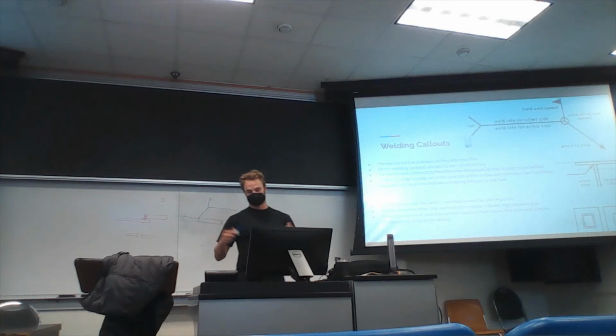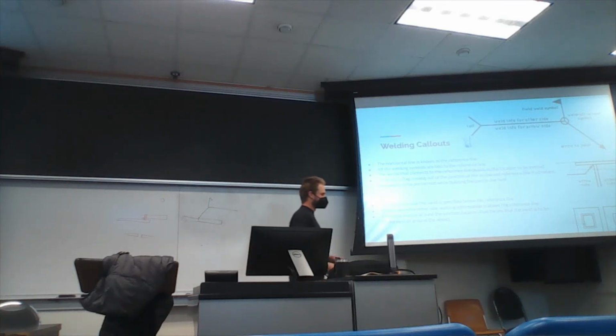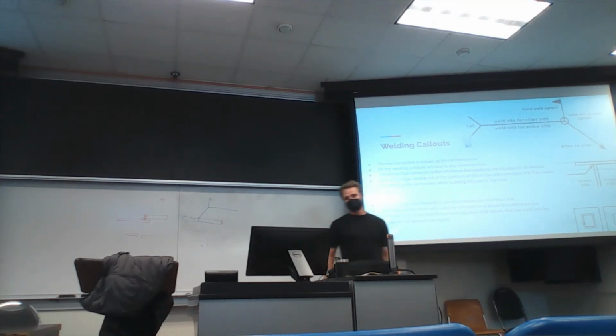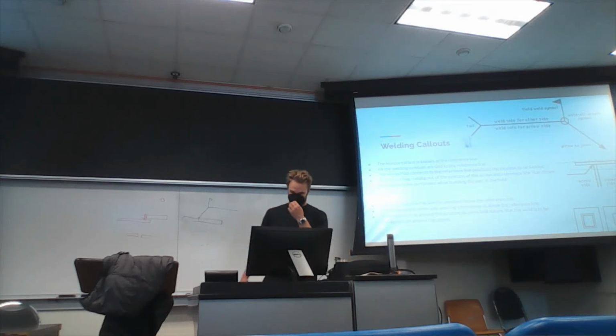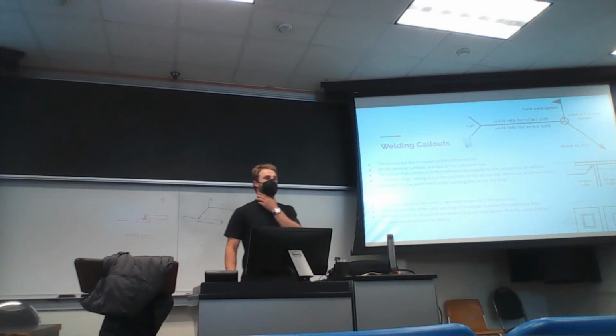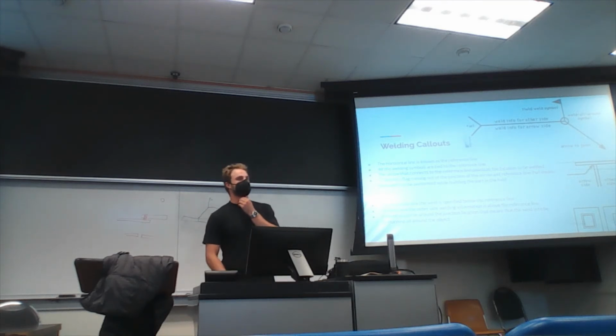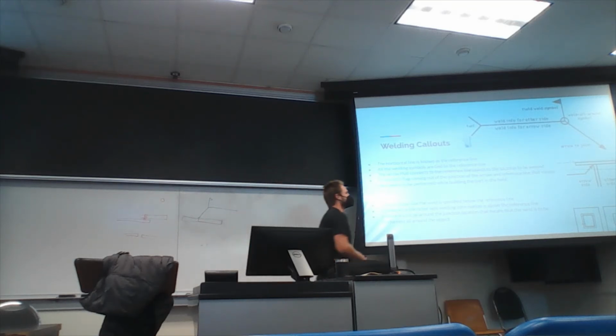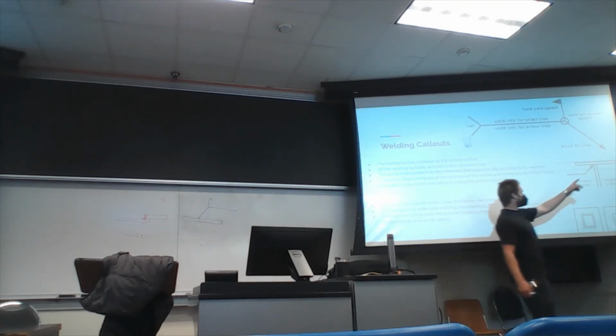Okay, yeah. This simple drawing where it says arrow side and the other side, that's important because a lot of the times welds will be taking place on two sides of a plate. Let's say a T-joint, you usually do not weld one side of a plate if it's a T-joint because you'll have a stress concentration at this other side.